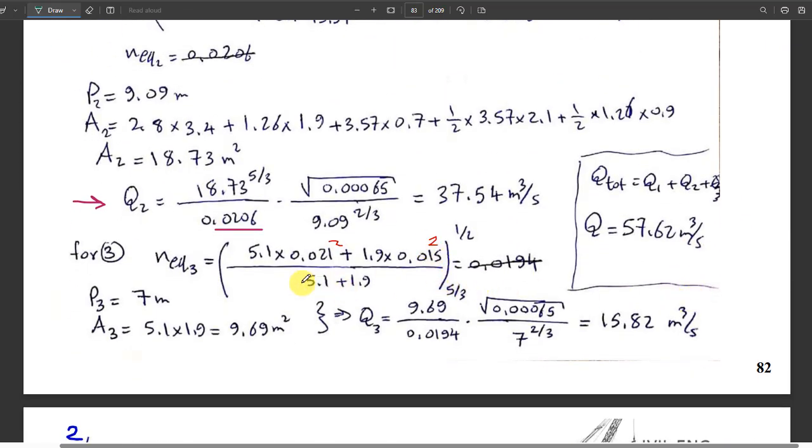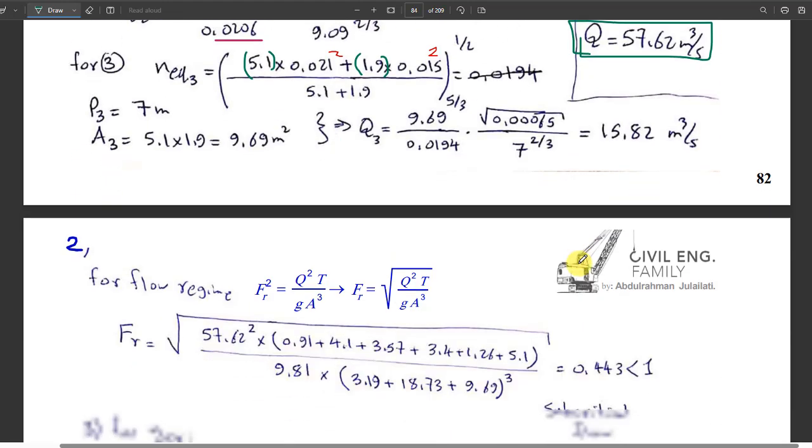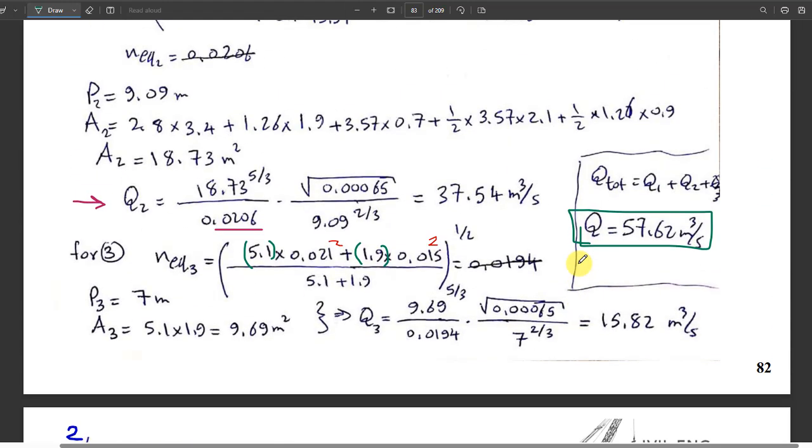Over, again, repeating this one and this one, and then we get the answer. Therefore, we substitute also for Q3, then the summation of the 3 Q's gives me the last Q inside the channel. Okay, that's it.